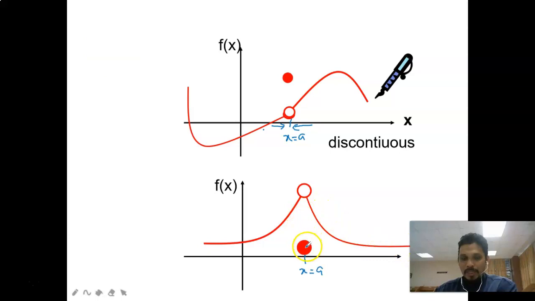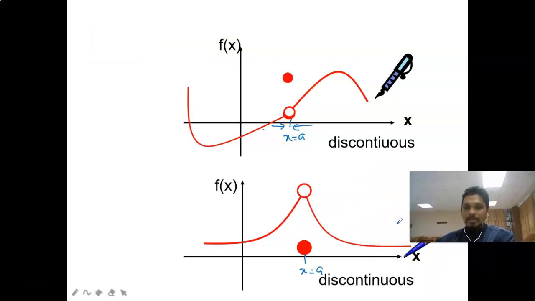So when x equal to a, the function value f(a) is not where it should be, supposedly here, but it gives us a different value here. So this is discontinuous.